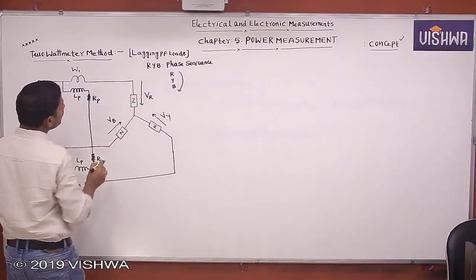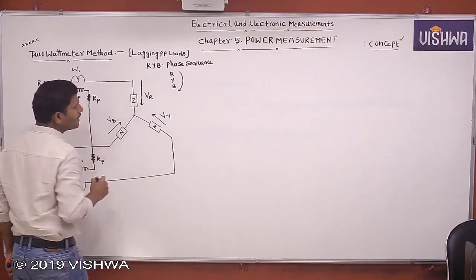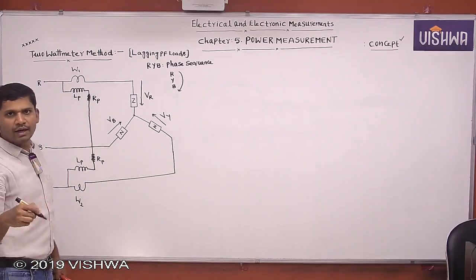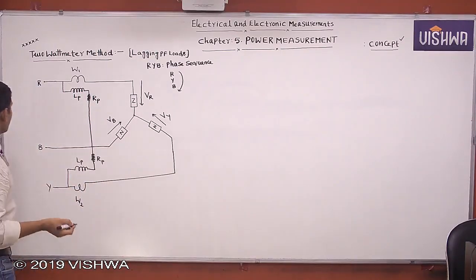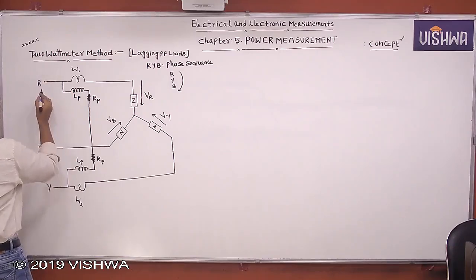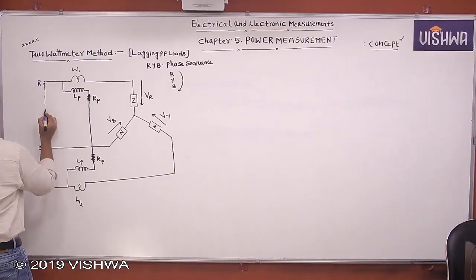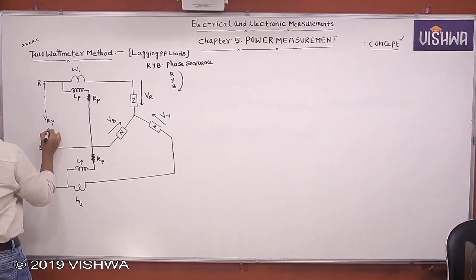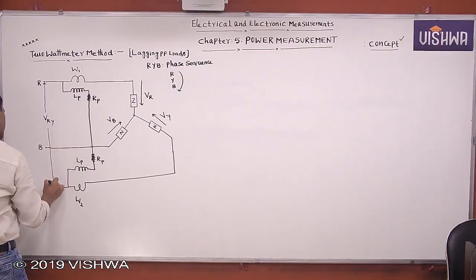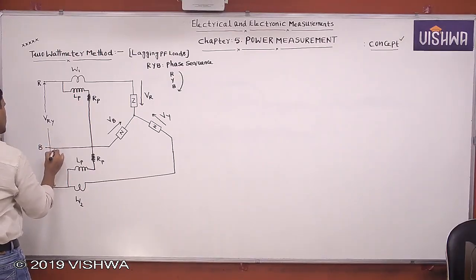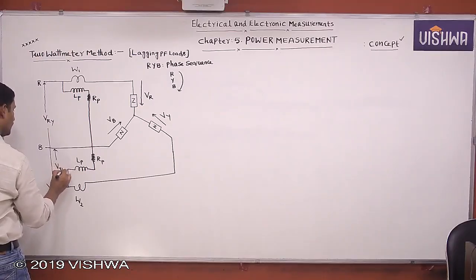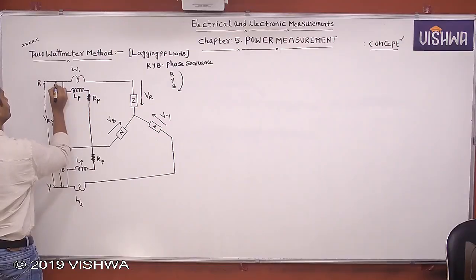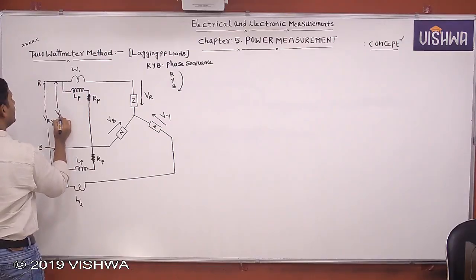I told already that the 2 wattmeter method is applicable if the neutral point or common point is not available. This is VRY; I am writing these voltages according to the phase sequence. VRY, and this one is VYB, and this one is VBR.